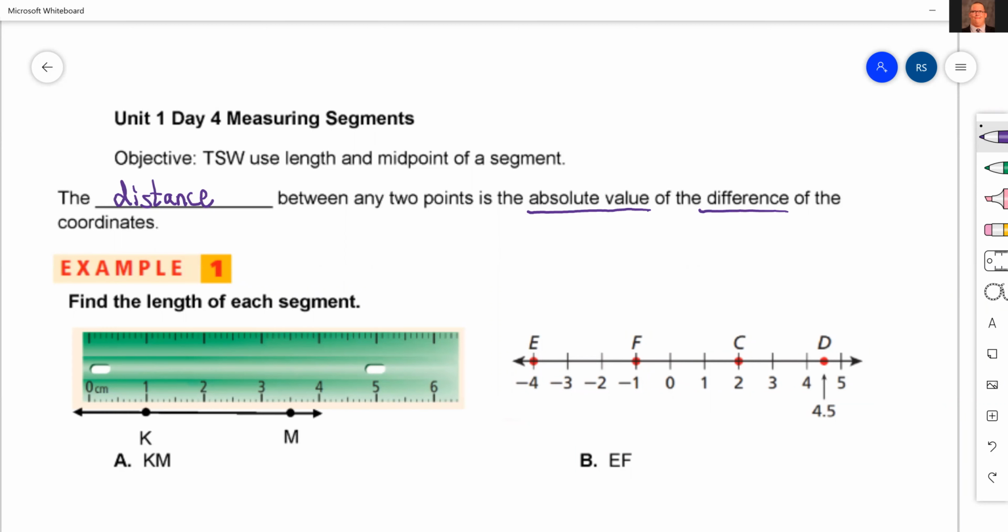Now, what's something we know about distance? Would I ever say something like, I went -5 miles? No, I went 5 miles.